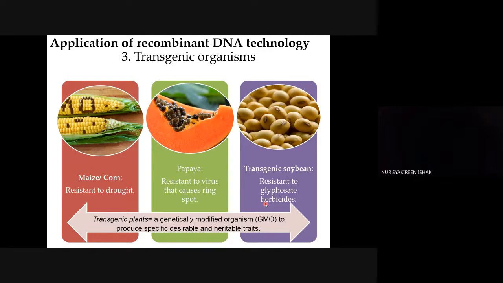So you apply herbicides. Tapi bila apply herbicides untuk soybeans ni, dia akan juga affected. Dia akan juga menyebabkan soybean ni mati. So you insert gene in that soybean so that the soybean is more resistant to the herbicides.